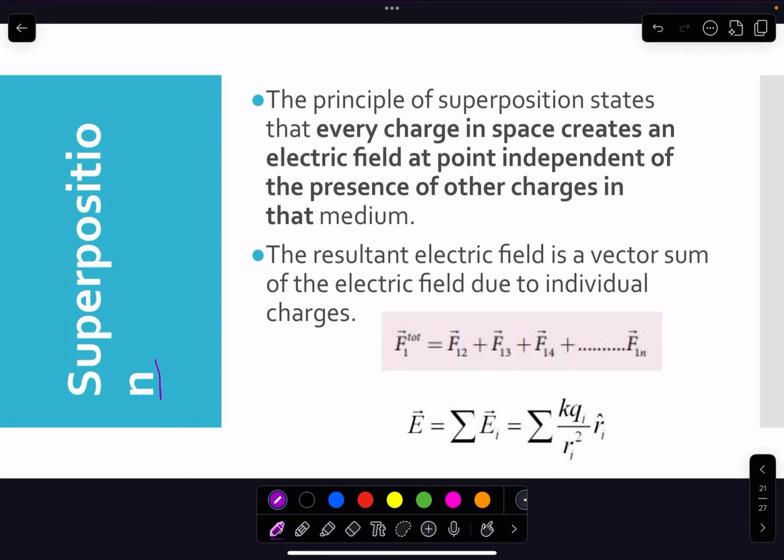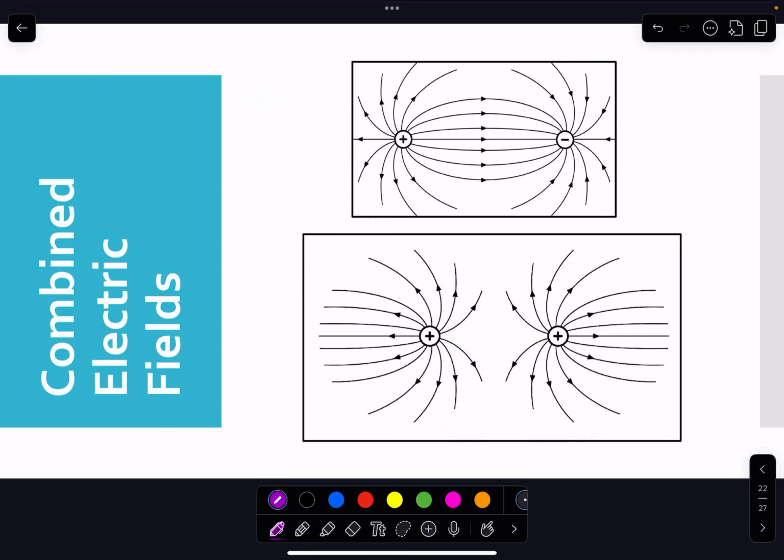Okay, so what that means is if I have a positive here and a negative here, if the other one didn't exist, it would produce the same field strength on its own. But because they're together, we're going to add those up.